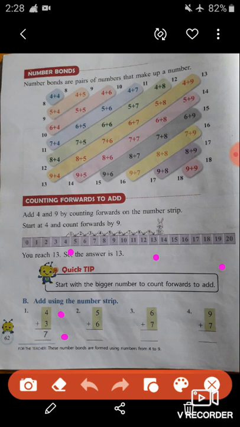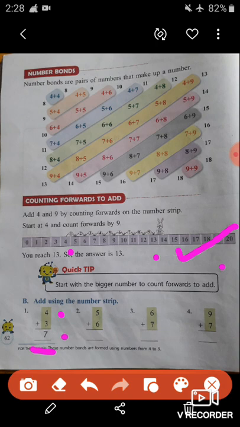So you have to count 3 forward from the number 4. So after 4, 5, then 6, then 7. So when we count forward 3 times from 4, we get the number 7. So students, you have to solve this by using this number strip.